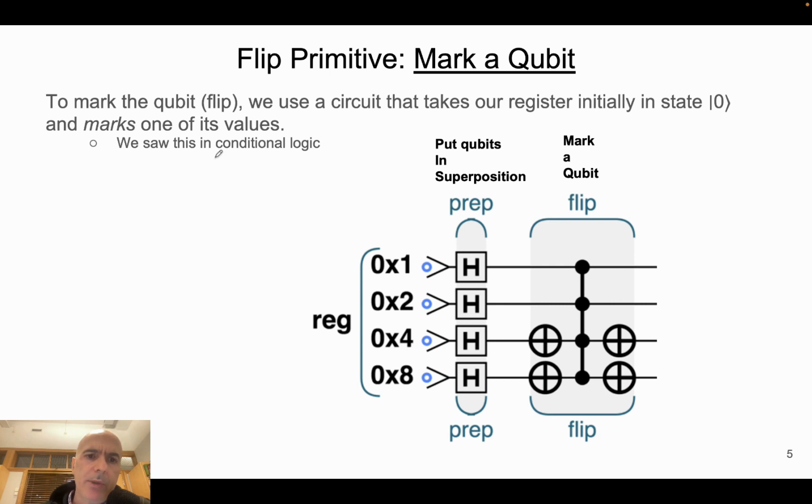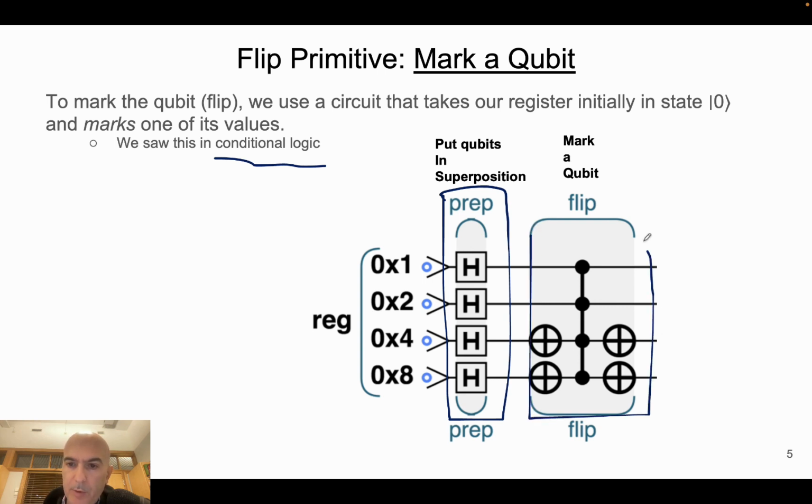We saw this briefly when we talked about conditional logic and phase encoding. You see here, for instance, we prepare our quantum register in an equally likely superposition of states, and then we mark a state by using this flip operation.